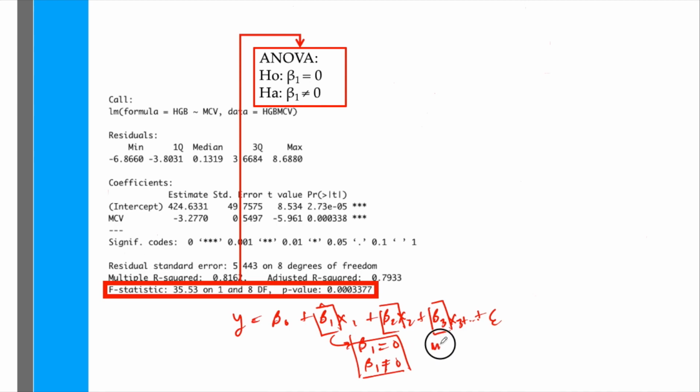But in multiple linear regression, the ANOVA tests whether beta 1 and beta 2 and beta 3 and all the betas are all 0, while the alternative is that at least one beta is not 0. So in other words, the ANOVA will just tell you whether the coefficients are 0 or not.